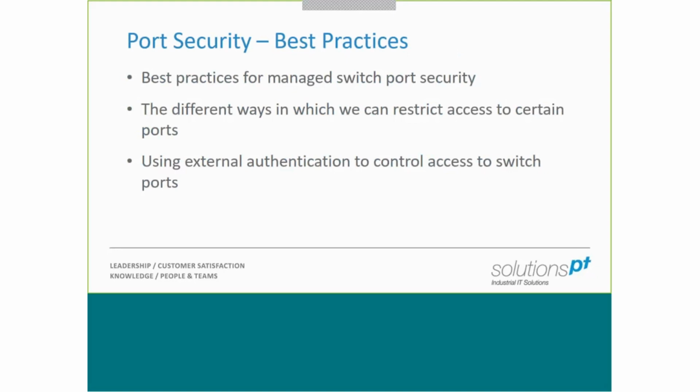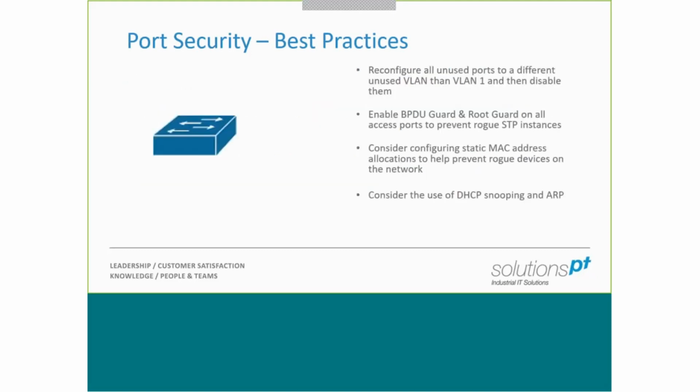It's probably also one of the easiest ones. It just requires a little bit of thought as to what things you want to allow and what ports you need open. So, port security focuses on almost the access layer, all your switches, and really it's about managing those, locking them down as you need them, and restricting them in certain ways.